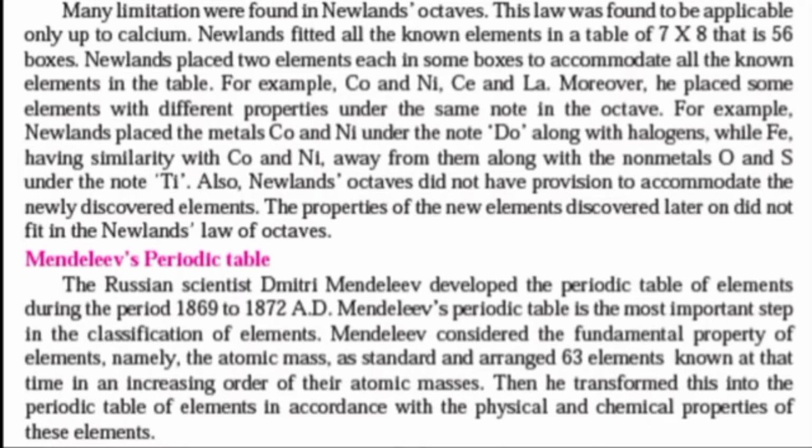Moreover, he also placed elements of different properties in octaves, like cobalt and nickel were placed with halogens under the note Do, while iron, having similar properties to cobalt and nickel, was placed away along with non-metals like oxygen and sulfur under the note Ti.